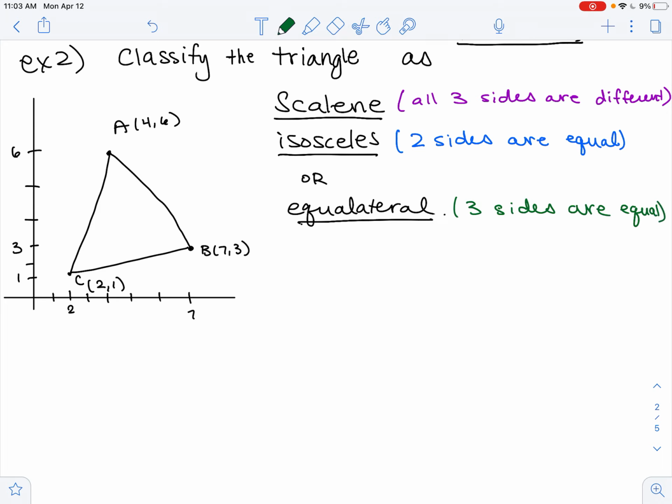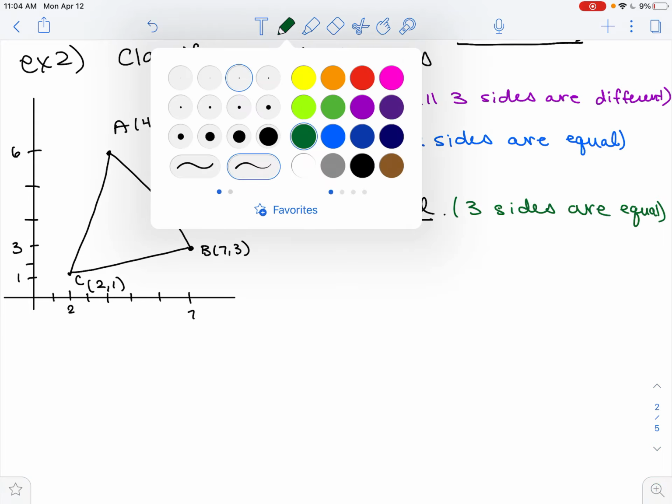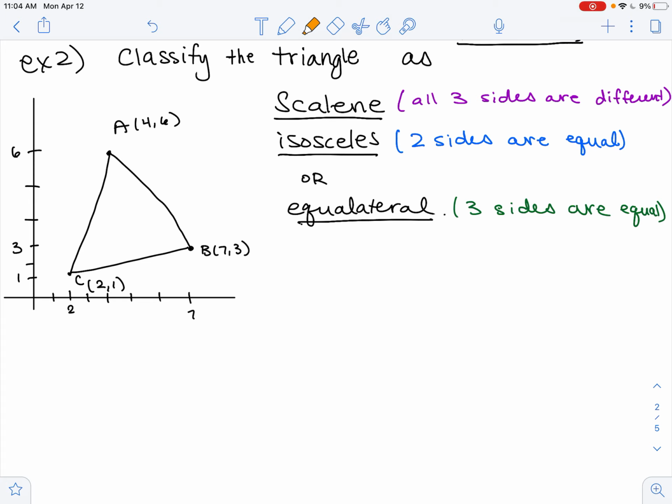Okay, so in order to classify this triangle, we just have to find the distance of each side of the triangle. And then once we have the distance of each side, we can classify them as scalene, isosceles, or equilateral. So to look at this, we're going to say, well, I need to know the distance between A to B. So we're going to find the distance of AB.